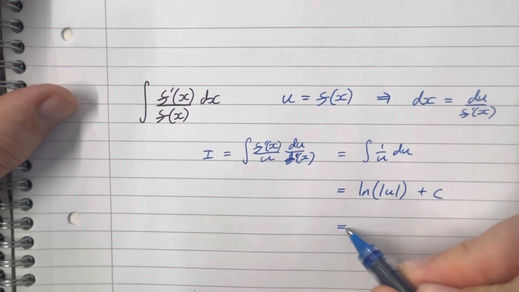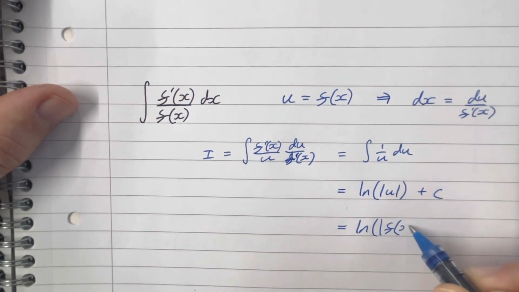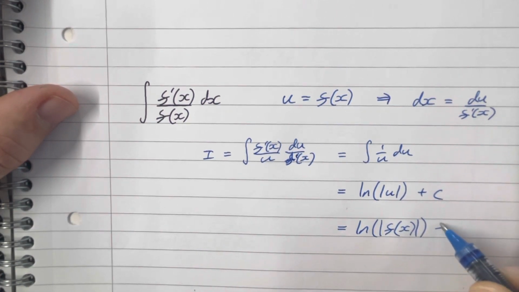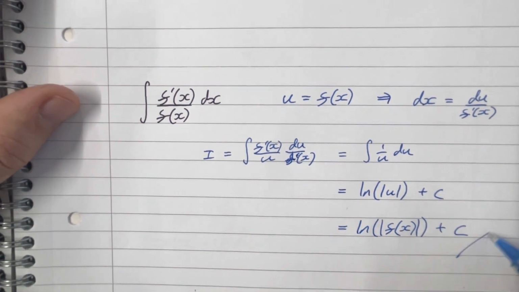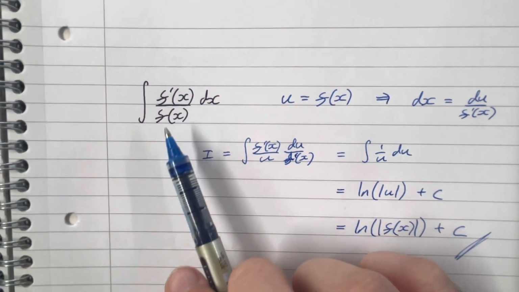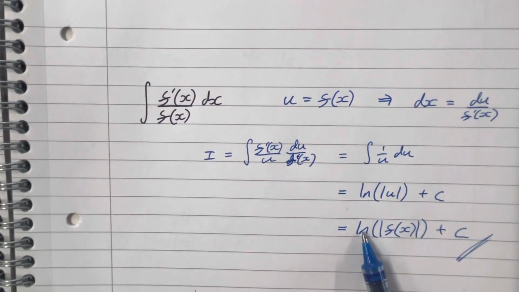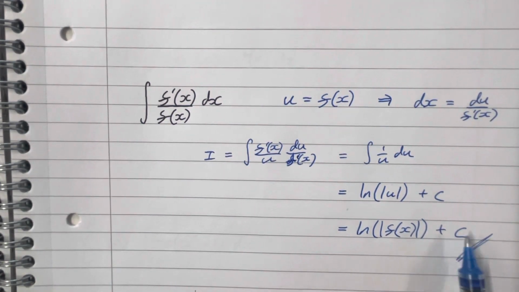So therefore that is the natural log of the bottom, or the mod of the bottom, plus an arbitrary constant. And that's the answer. So in short, if the top of the fraction is the differential of the bottom, then the integral is the natural log of the bottom plus c.